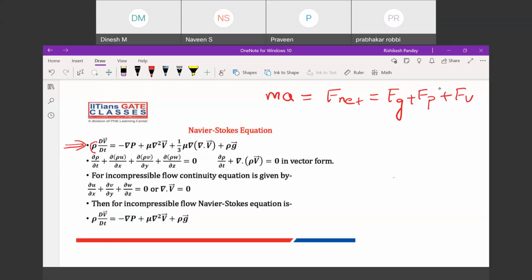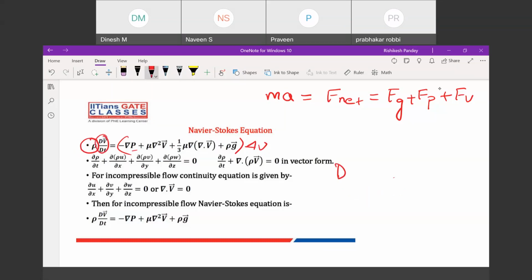If we multiply every term by volume, then density multiplied by volume will be mass. So this part represents mass per unit volume, which is density. And this is the total derivative of velocity with respect to time.